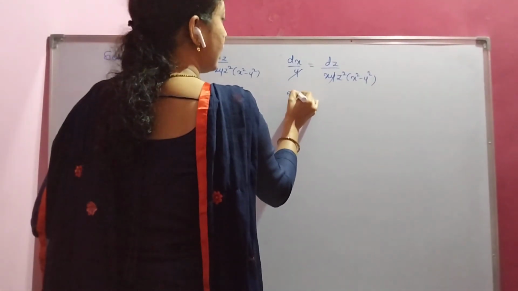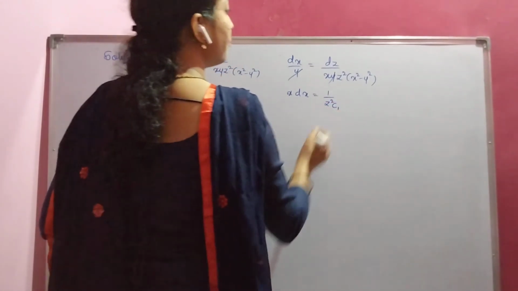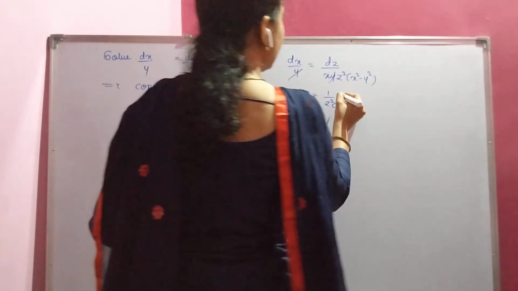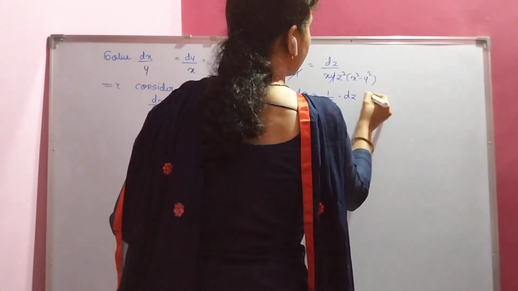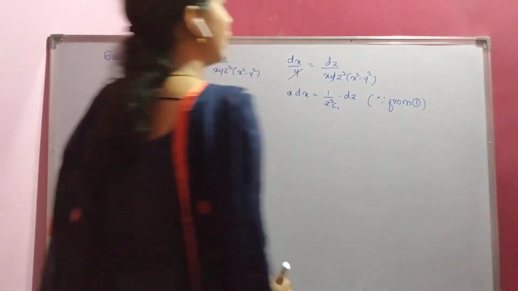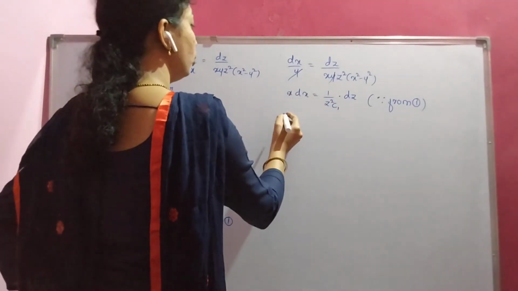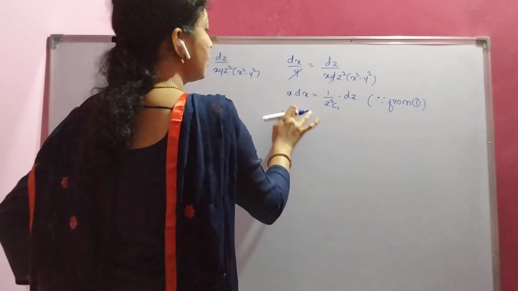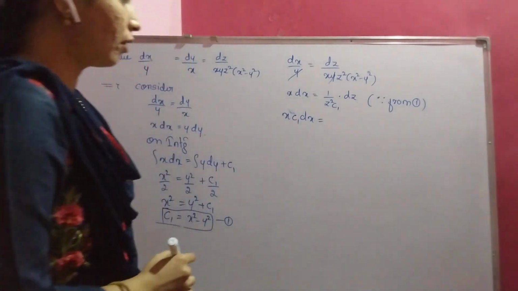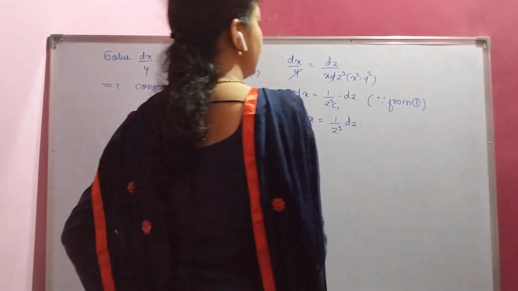Then it is x dx is equal to 1 upon z square into c1, because x square minus y square is nothing but our c1, from equation 1. Bring the c1 to the LHS, then it is x c1 dx is equal to 1 upon z square dz.